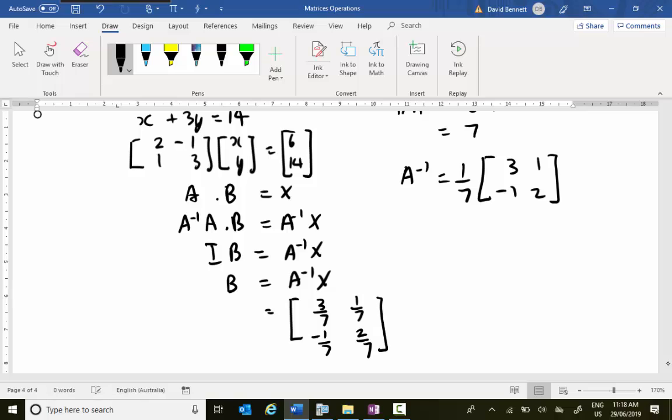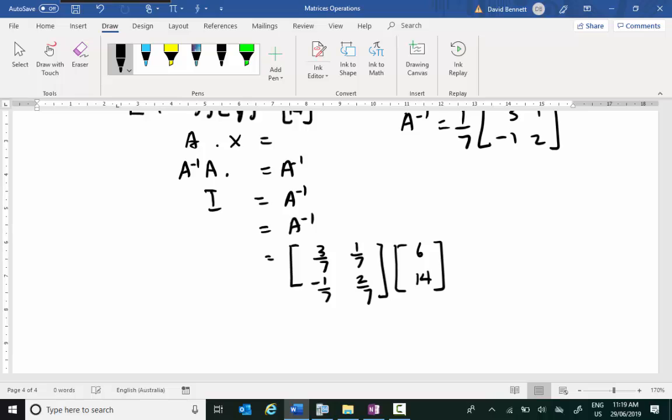I need to multiply that by 6 and 14. So it should be the inverse of A times by B. Alright, let's do the matrix multiplication. Now we know we've got X and Y over here.